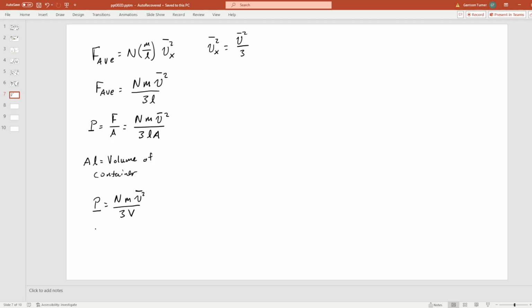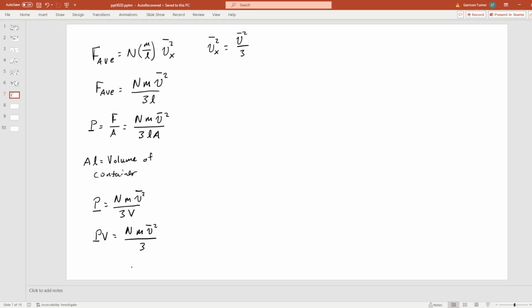But we can now write this with the pressure. So PV is equal to N m times the square of our average speed divided by 3, right?